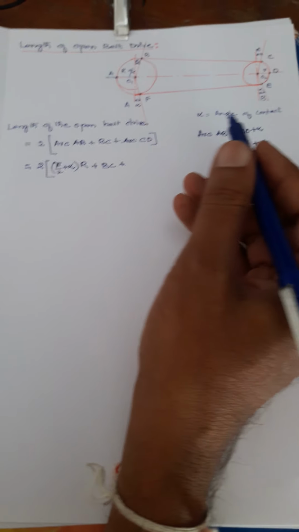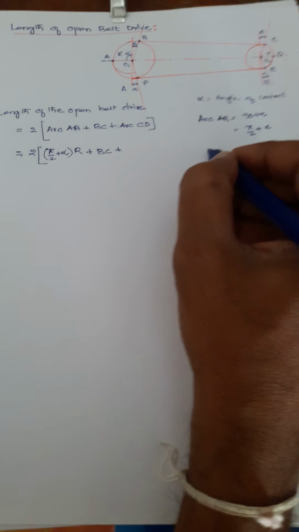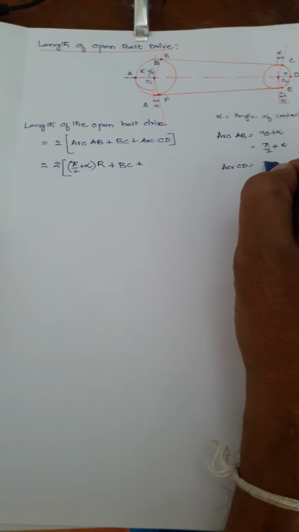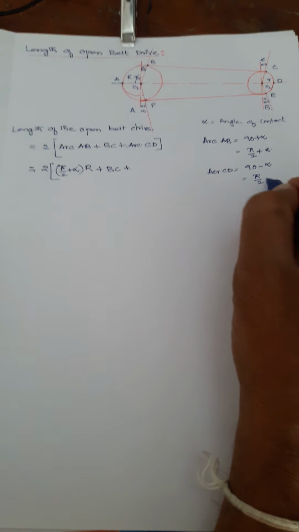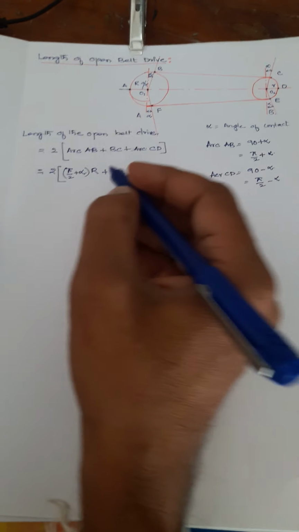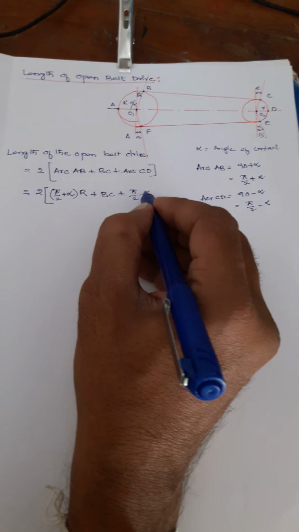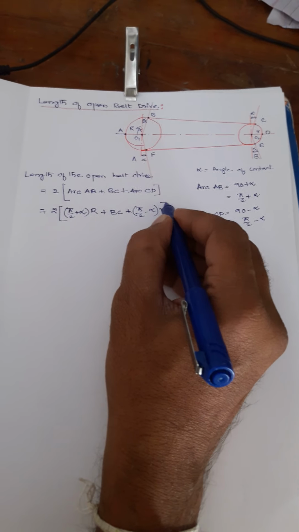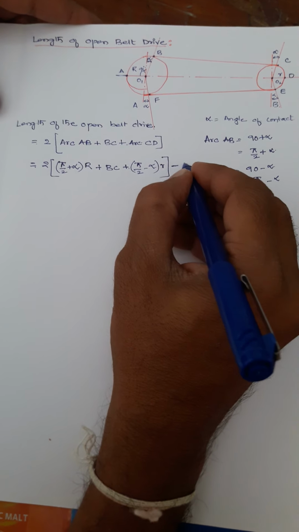In the same way, arc CD is equal to 90 minus alpha, that is equal to pi by 2 minus alpha. So here you write down pi by 2 minus alpha into small r. Okay, let us treat this as equation number 1.